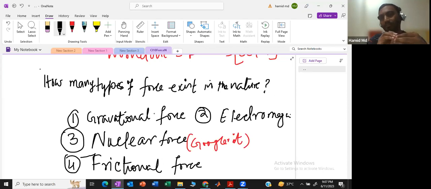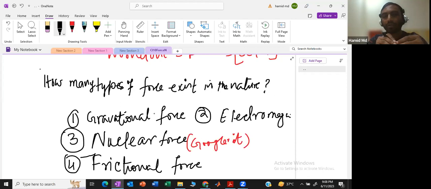And frictional force is when you drive the car and put the brakes, the friction helps it stop. When you walk on the floor, is there any friction between you and the floor? Yes, there is. That's why we can safely walk on the floor. Otherwise, we would have fallen.